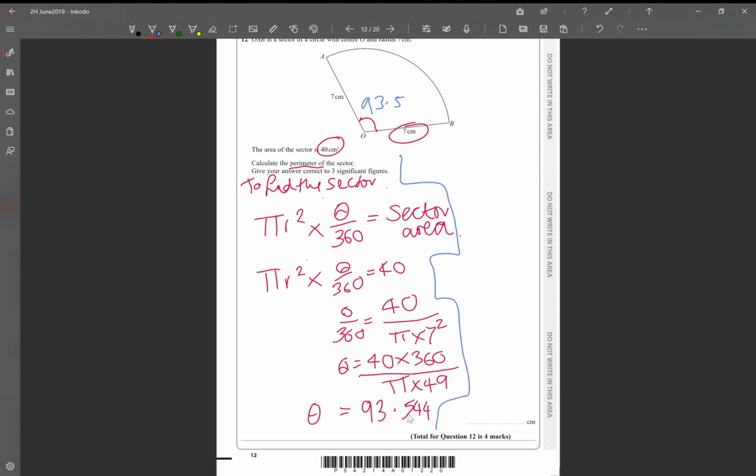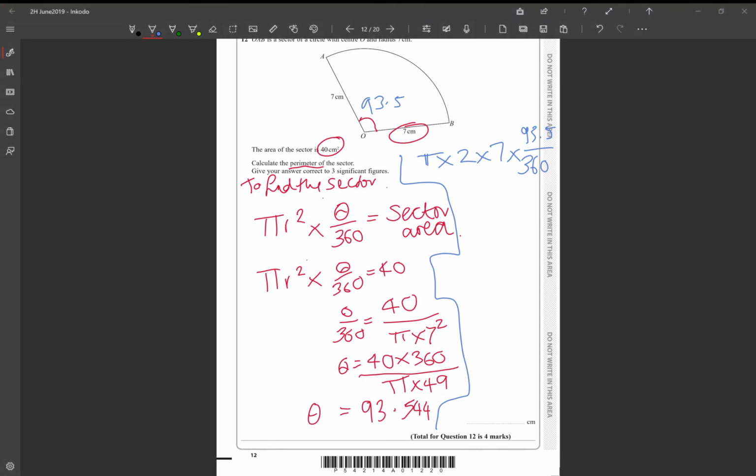And now to find the circumference of the circle, pi times the diameter, and the radius is 7, so it's going to be 2 times 7, 2 pi r, and then times that by the section of it, because this here will give you the whole circumference, but we only want a portion of it. So 93.5 out of 360, it's a fraction of an amount.